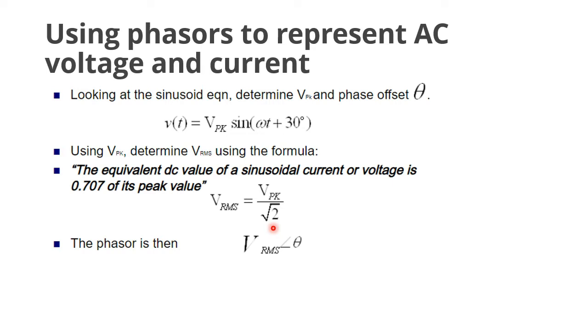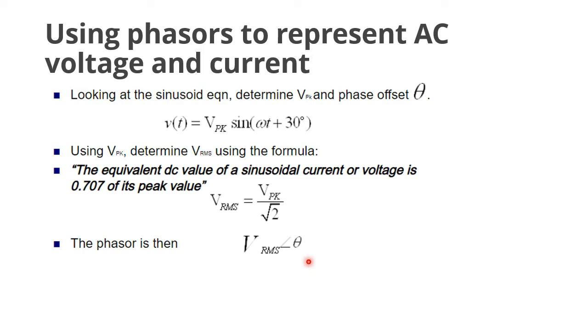The definition of Vrms is the equivalent DC value of a sinusoidal current or voltage, which is 0.707 of its peak value. Then we can write the phasor: Vrms angle theta.